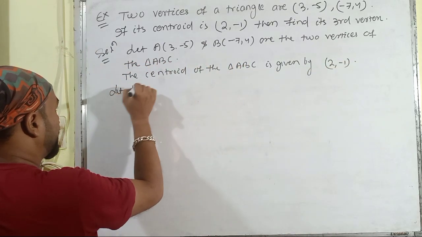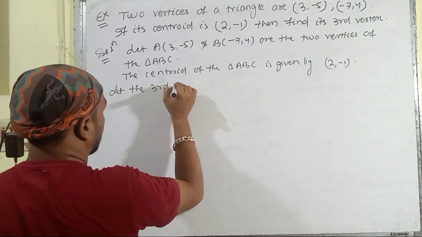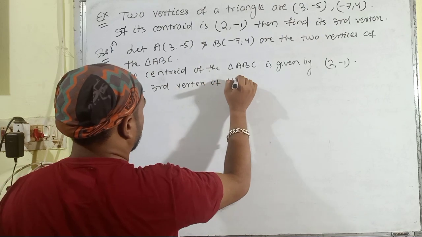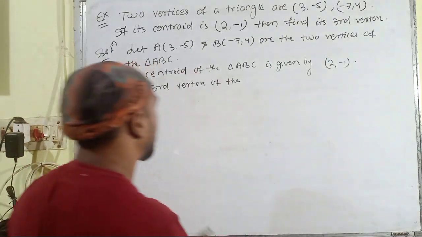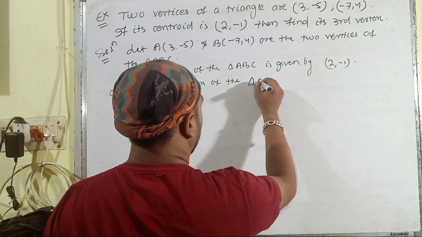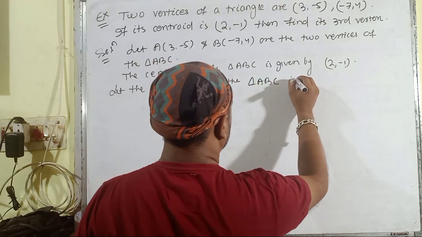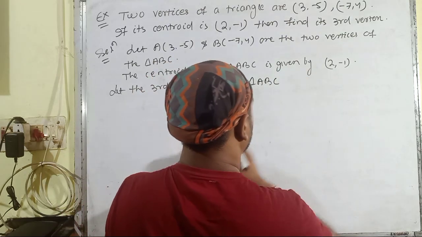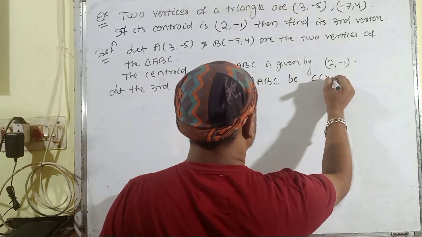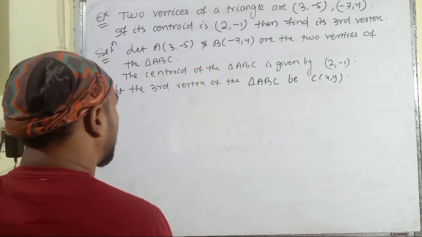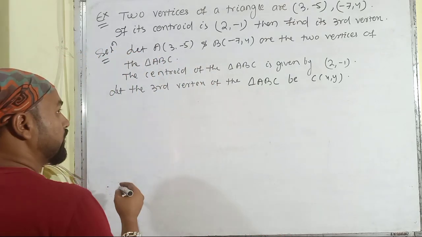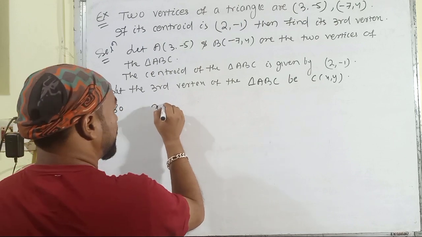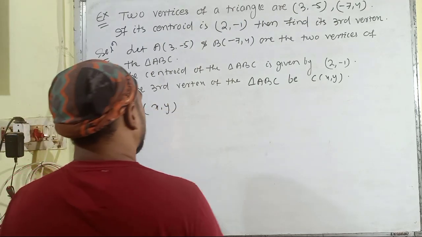Let the third vertex of the triangle ABC be C(x, y).